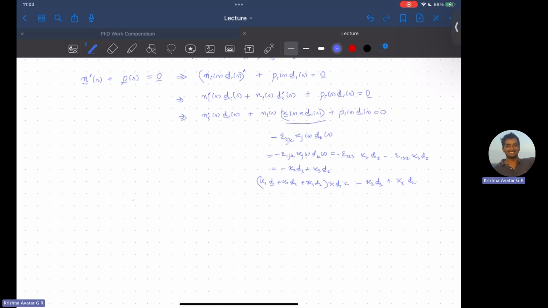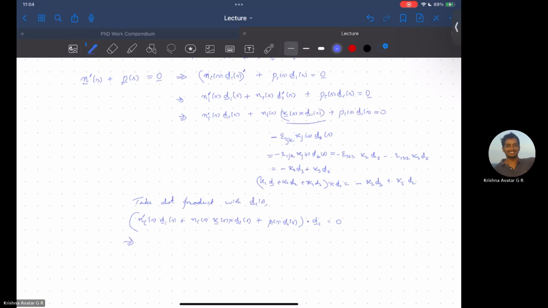For a general framework, take the dot product with di. Then we have ni prime of s di of s plus ni of s kappa of s cross di of s, dotted with di, plus pi, equal to 0.